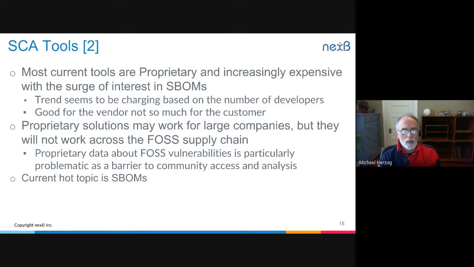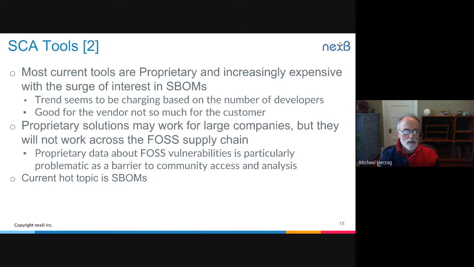One challenge that people have is that most current tools are proprietary, and they're becoming increasingly expensive because there's so much interest in SBOMs. There are lots of new startups getting into this area. The trend seems to be to charge based on the number of developers, so that can become very expensive very quickly. Not so good for the customer.